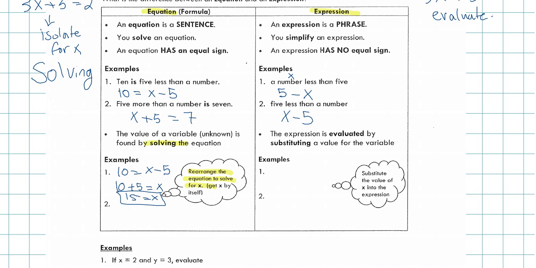Anyone have any questions about this part? You'll probably do more of this than anything else, solving. How about the second equation? So I have x plus 5 equal to 7. How would I solve for that x? Move 5 over to the other side, and what does it become?